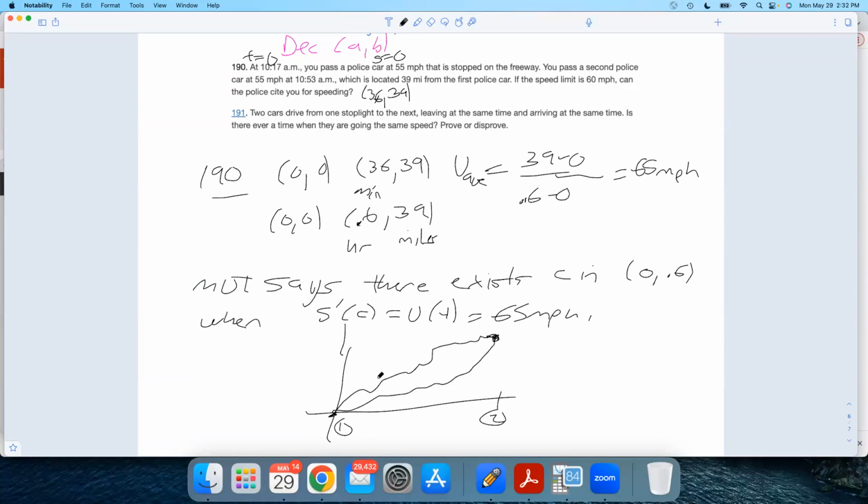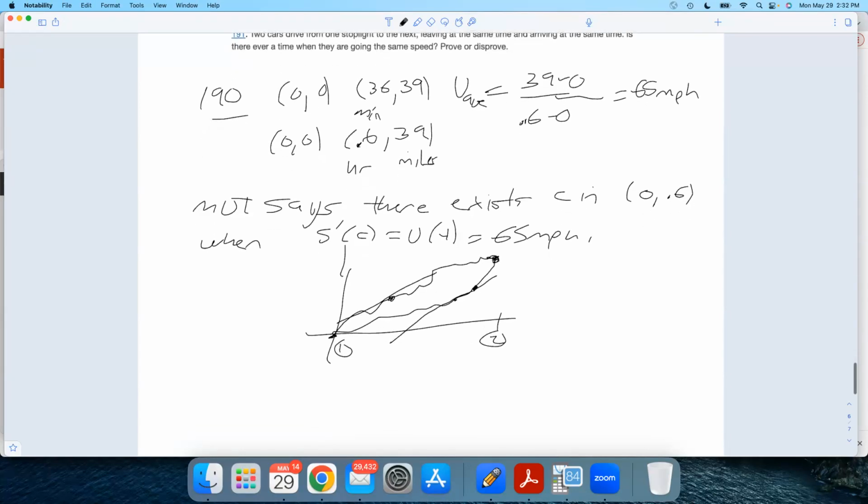Now, the mean value theorem just says for this top guy, there's some time when he goes his average. And for the bottom guy, there's some time when he hits the average, but those don't have to be the same time. This guy might hit the average velocity at this moment, and this guy might not hit it over here. So we can't just directly apply the mean value theorem. We've got to think a little harder.